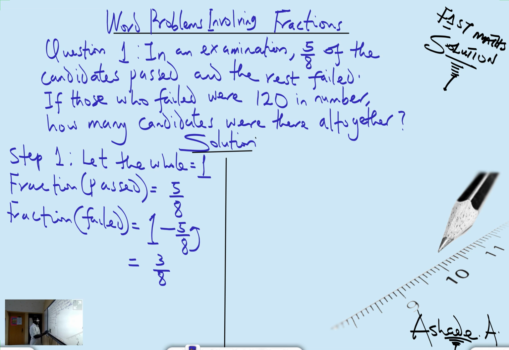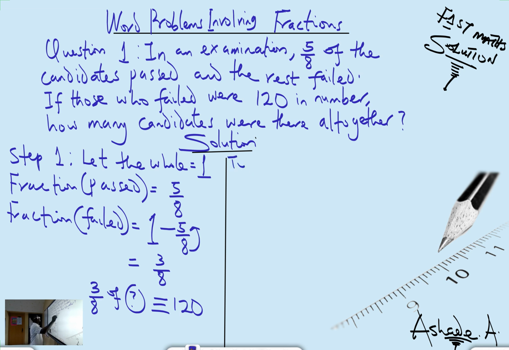What that means is 3/8 of the total candidates is equivalent to the 120 that failed, because the fraction of those that failed is 3/8 and the number is 120 as given in the question. So 3/8 of the entire candidates is those 120 students that failed.